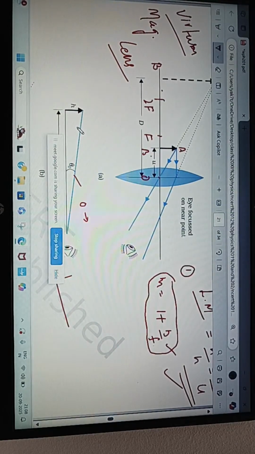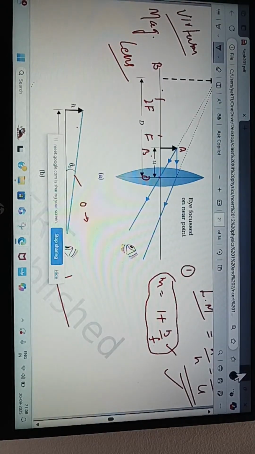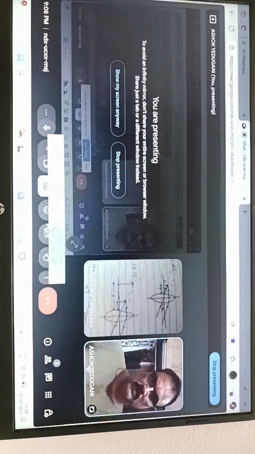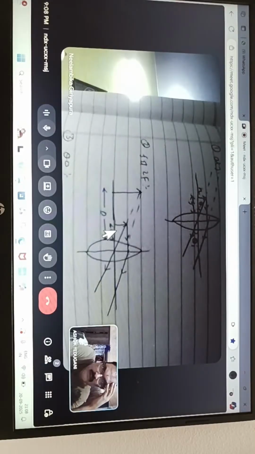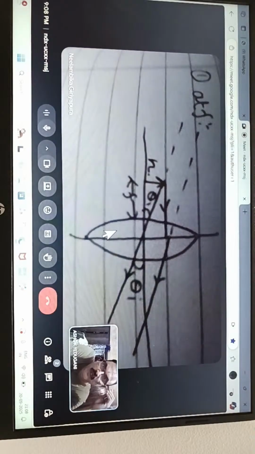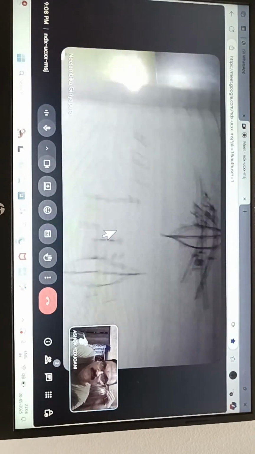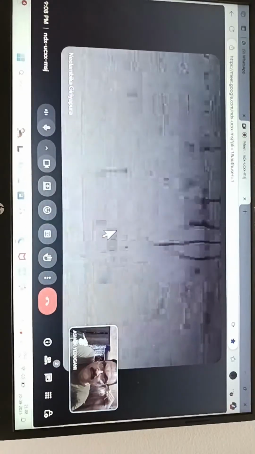Yeah, in the first, the image is not shown. Okay, that is at focus. Okay, right. Next, the second one, first one you are done. Okay, between F and 2F. Okay, this is okay.